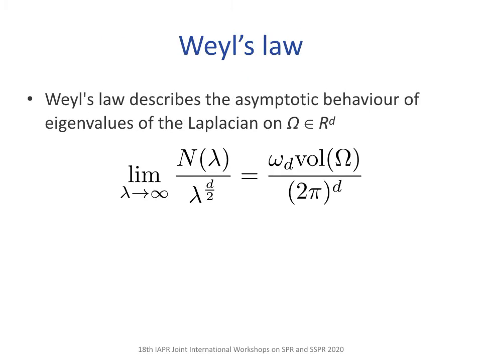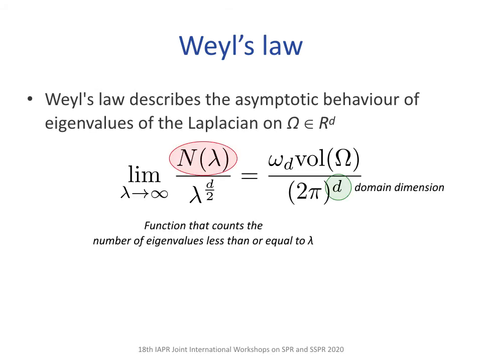In this paper, we look for an alternative approach, and to this end we make use of a well-known mathematical result known as Weyl law. This is an equation describing the asymptotic behavior of the eigenvalues of the Laplacian on an unbounded domain omega in d dimensions.